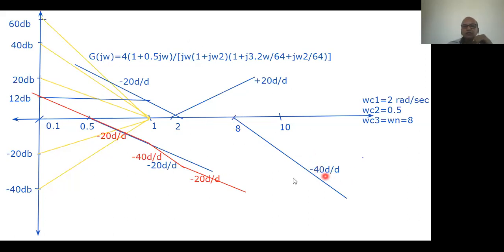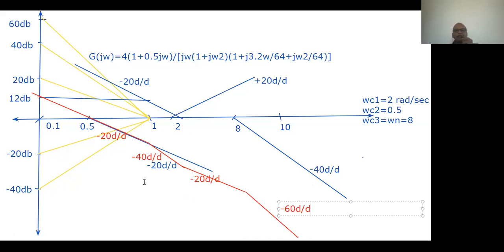Slope is minus 40. Minus 20 plus minus 40, we get minus 60. At this frequency, the slope is minus 60 dB per decade.